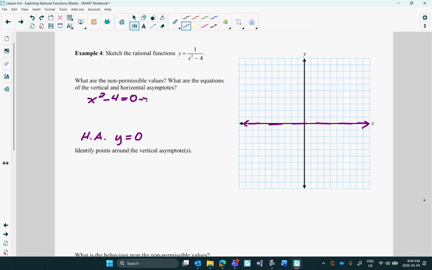I'll move the negative 4 over to the other side, and then take plus or minus the square root, right? So I'm actually going to have two answers. Plus or minus 2. Those are the vertical asymptotes.